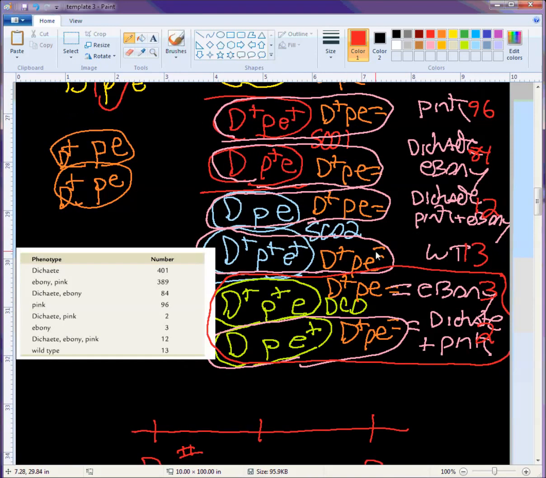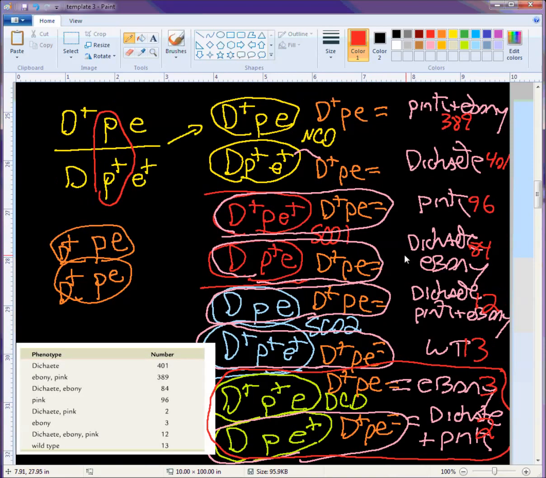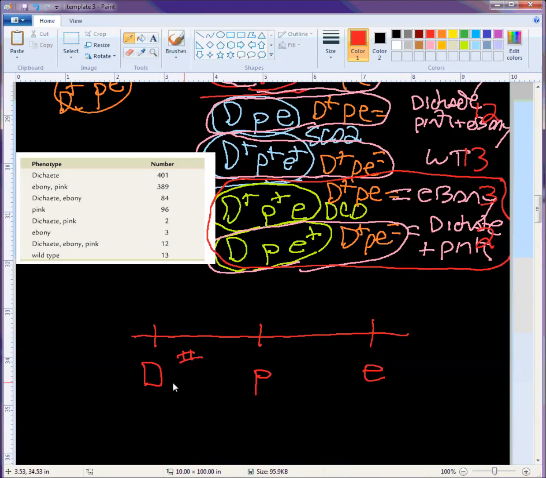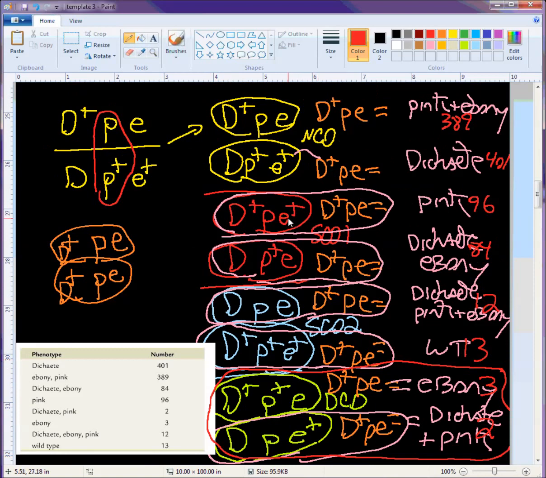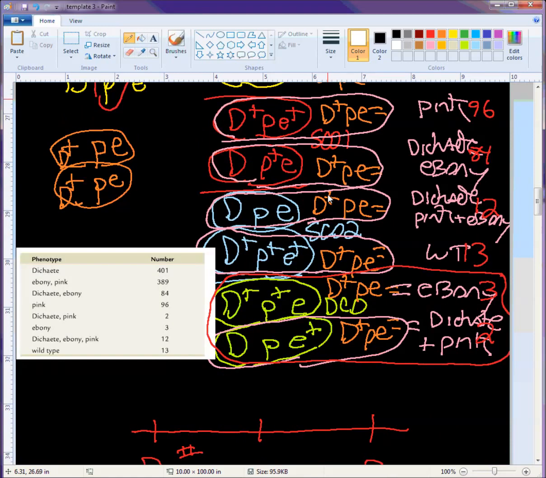Now I think everything adds up to 1,000 here. I'm going to assume that these numbers add up to 1,000 total gametes. And now we just need all the gametes that resulted from a crossover between D and P. I'll use white ink, since I haven't used white yet. So D and P, not this one, right? Because single crossover 1 was the crossover between P and E. So we want this one right here.